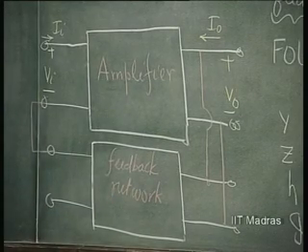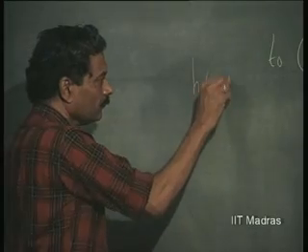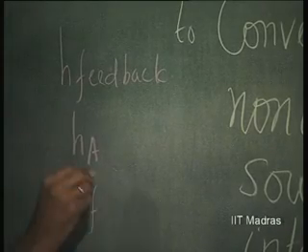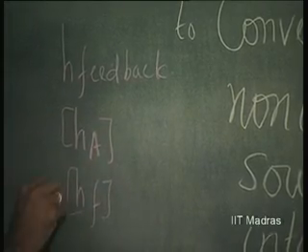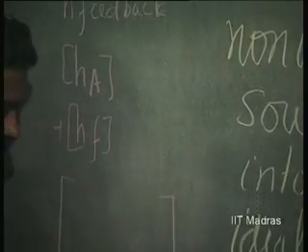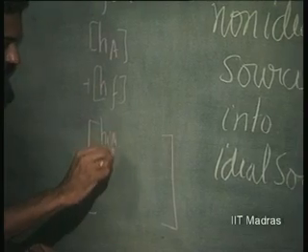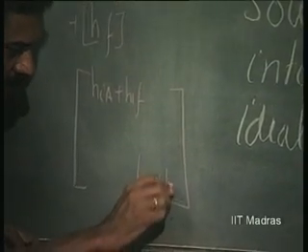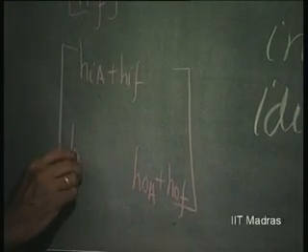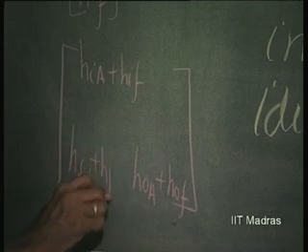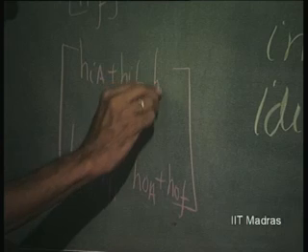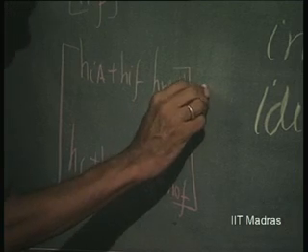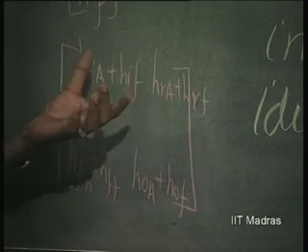So, let us consider I am giving H feedback, in which case the H parameter of the amplifier and the H parameter of the feedback network simply add, or I can write the composite H parameter as HIA plus HIF, H0A plus H0F, HFA plus HFF, and HRA plus HRF. That means these are simply adding up.